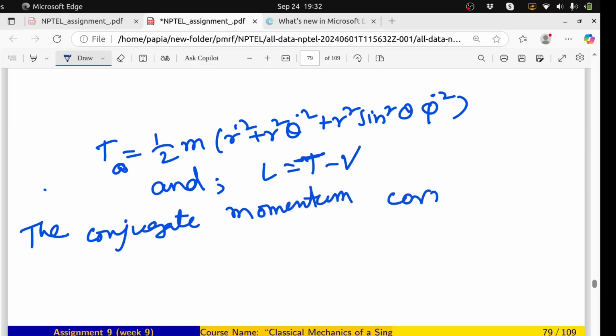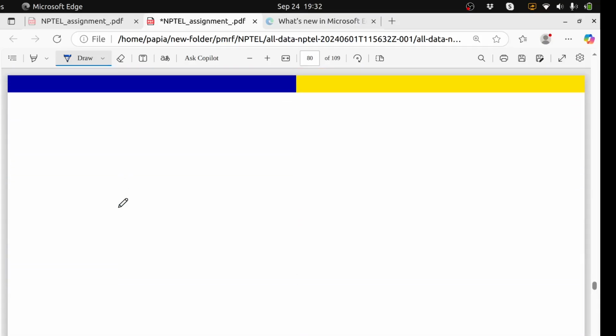The momentum corresponding to theta. So what will it be?